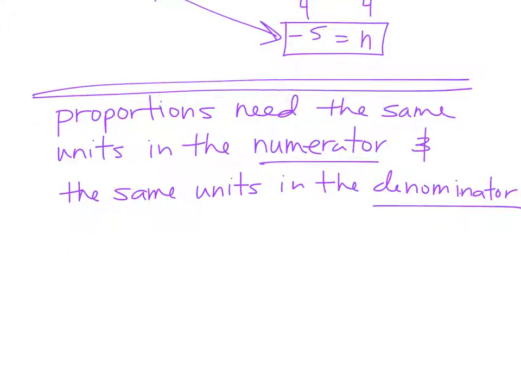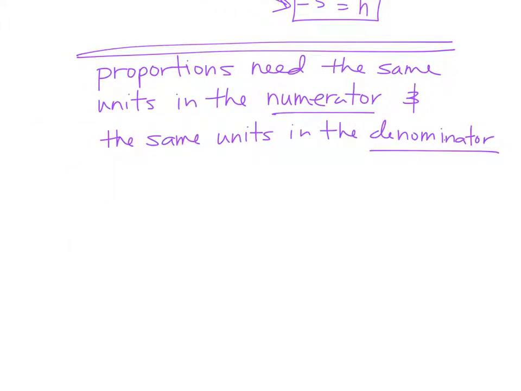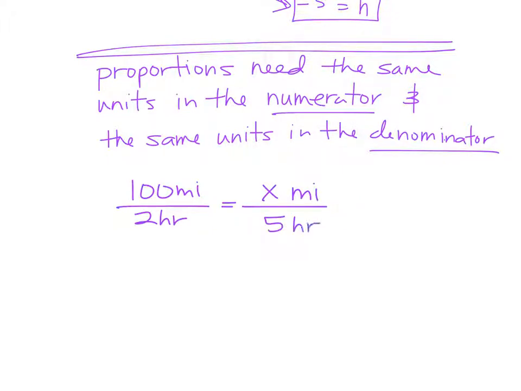So, for instance, if I were looking at a proportion and it said 100 miles to 2 hours, over here, then, if I'm dealing with miles and hours again, I would say it's X miles in 5 hours, okay? Notice what happens.